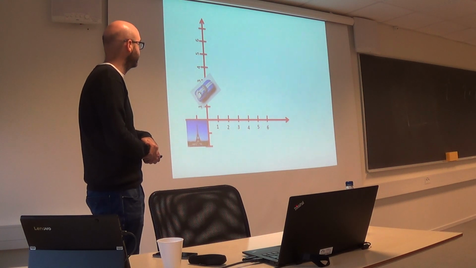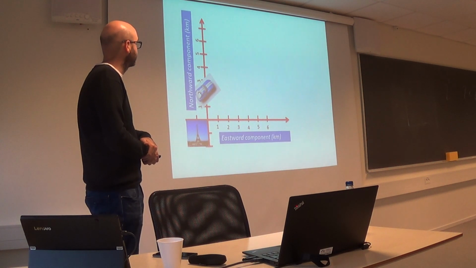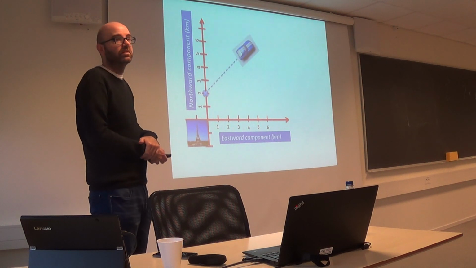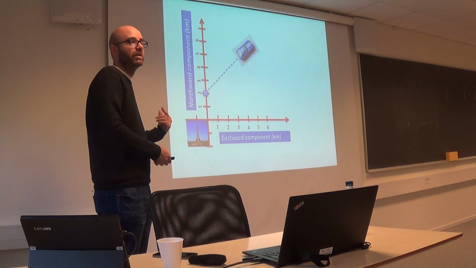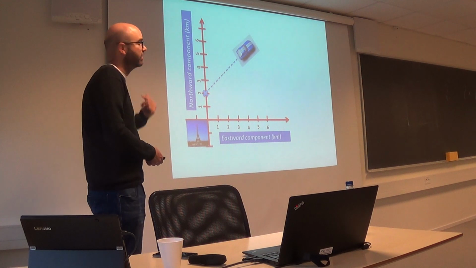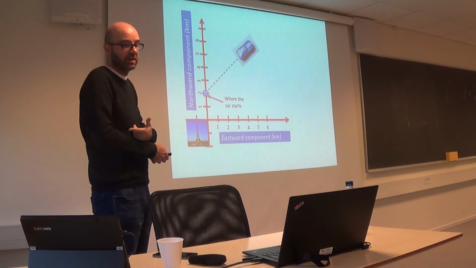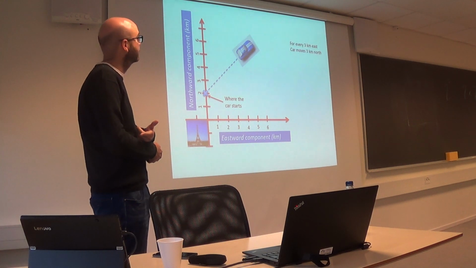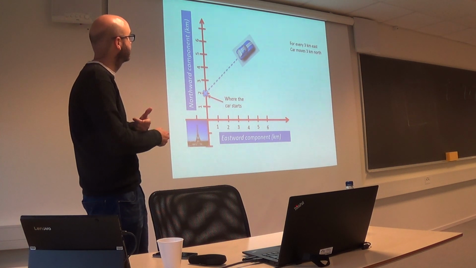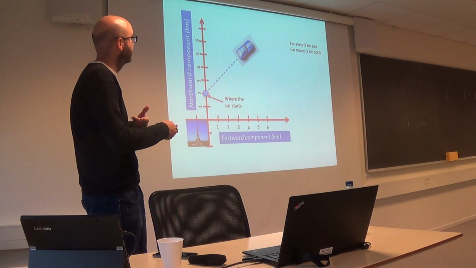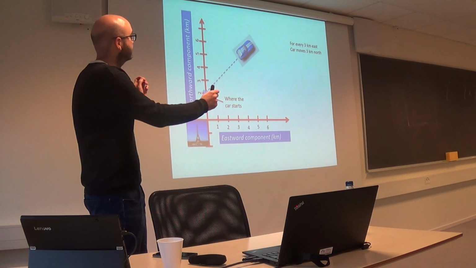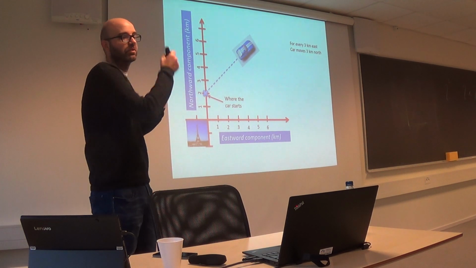And the car drives northeast. The car's movement has both a northward component and an eastward component. The y-intercept is where the car starts, and the slope tells us that for every 3 kilometres east the car moves, it moves 3 kilometres north.